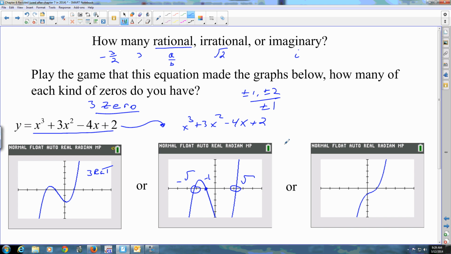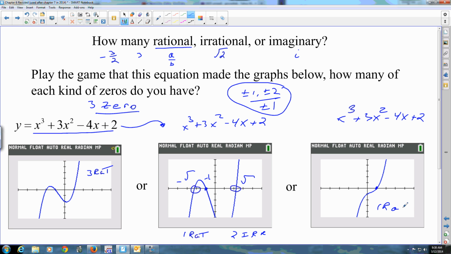So here, because these two numbers are not showing up in the rational zero theorem, they have to be irrational. So I have one rational, two irrational. Two irrational zeros. Okay, now this one, assuming it's the same equation, there's only one rational zero showing up.